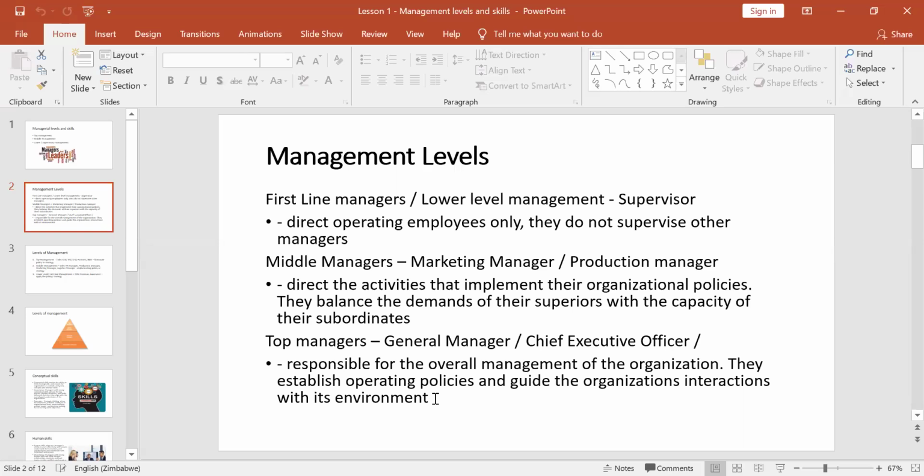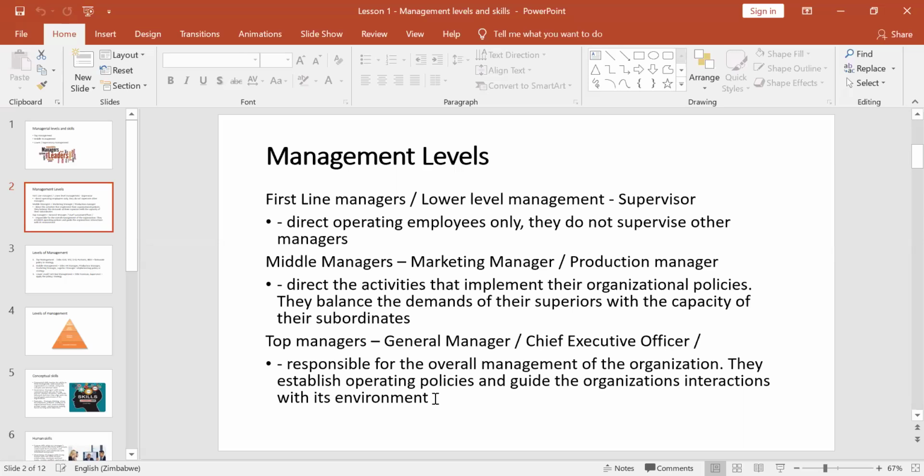But as the organizations grow, the bigger the organization, the more of these levels that you are going to be able to identify. You can find top management having two tiers, CEO at the top, then the executives following there. They are all still top managers. Then you have the middle managers there, and then the first line managers or the lower level managers. You might find also there are quite a number of them because of the size of the organization.